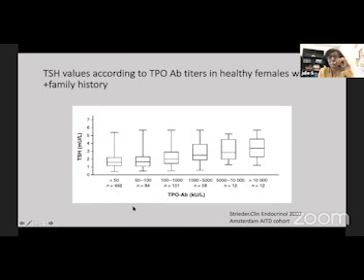So as you see here, euthyroid females with the family history of autoimmune thyroid disease and higher titers of peroxidase antibody tend to have higher TSH level at baseline. So the higher the antibody titers, they are more likely to develop hypothyroidism in future, and they tend to have a slightly higher TSH level, even though they are euthyroid at this time.